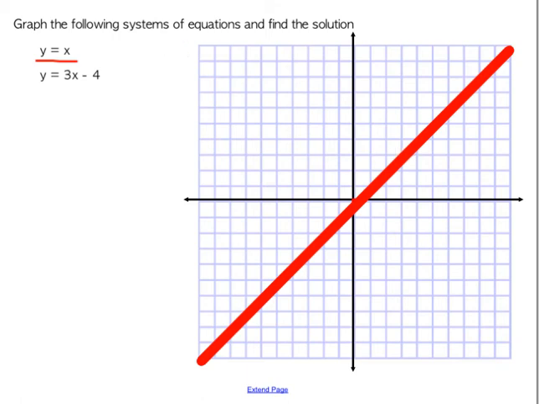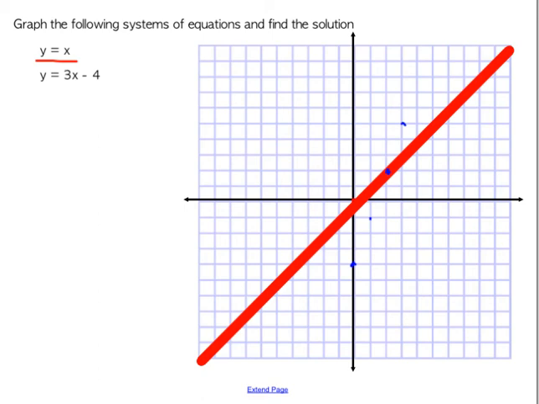And if I look at the second equation, I see that we have negative 4. So I'm going to start down here, 3, 4, plot my point, and I have a slope of 3. So it's 1 over, 3 up, 1 over, 3 up, and I can see right away where my line is going to cross here.